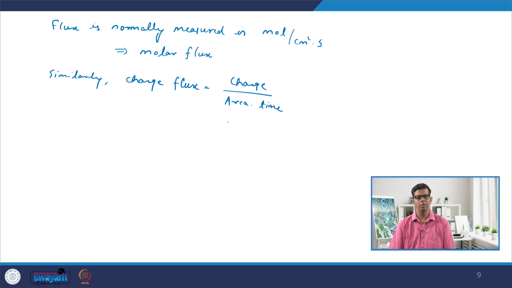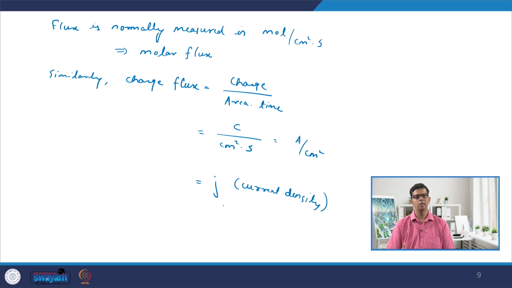If I try to find the unit, charge is in coulombs, area in centimeter square, time in seconds. Coulombs per second is amperes, so it is ampere per centimeter square. If you look carefully at this unit, it is nothing but our current density. So, in other words, current density is nothing but the flux.